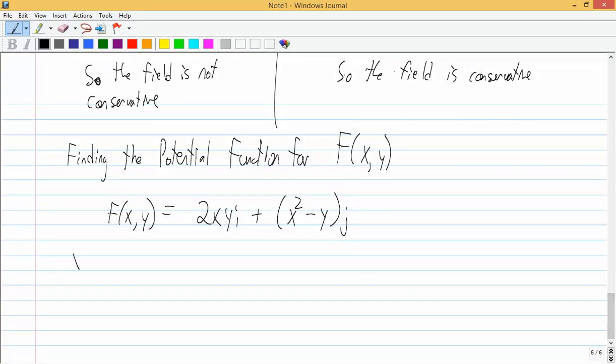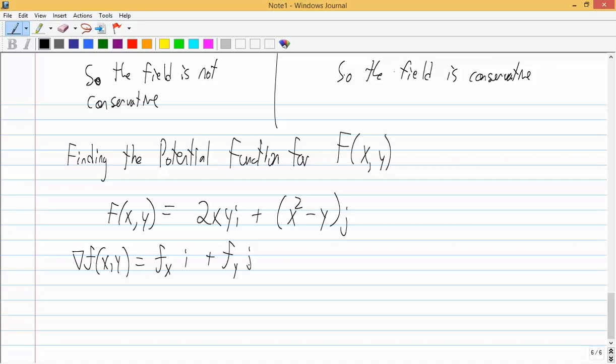The formula, do you remember the formula for del F? It is the partial of F with respect to x times i plus the partial of F with respect to y times j.